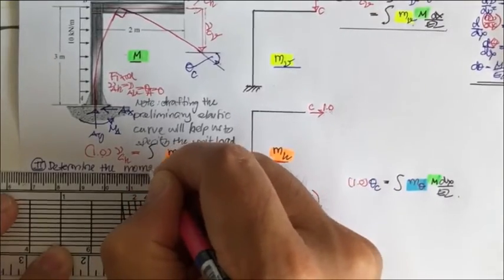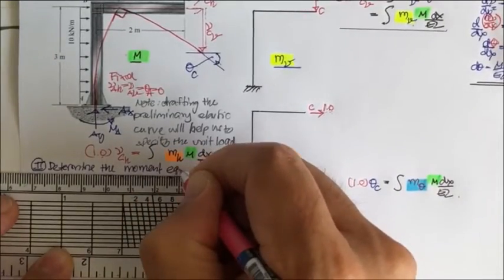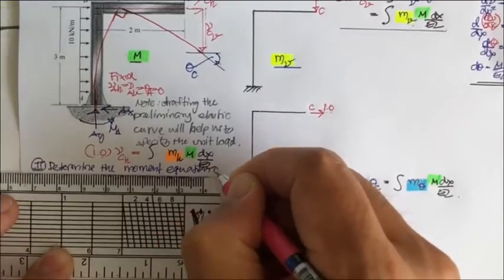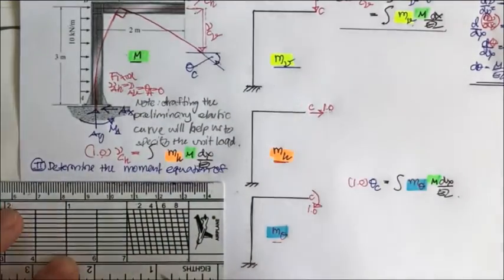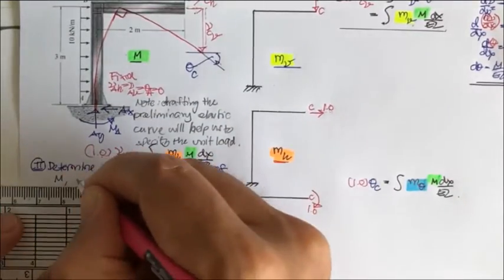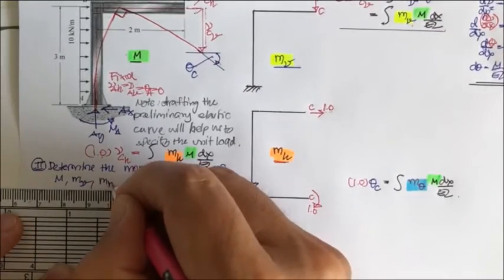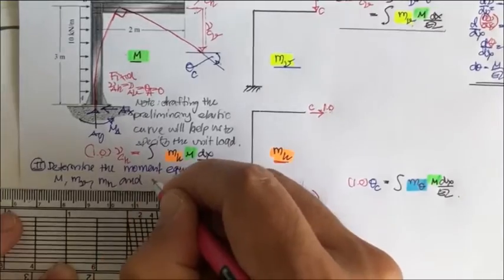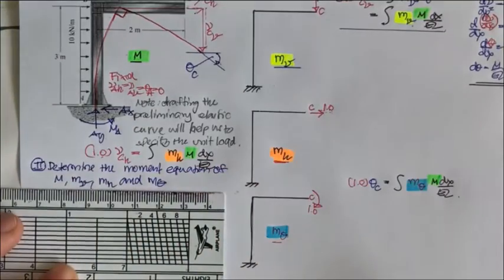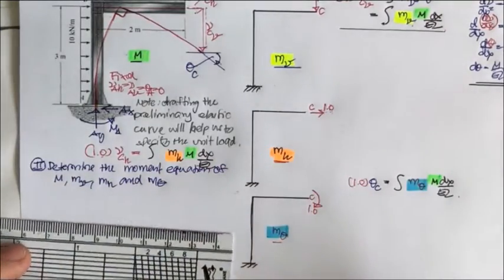So the next step, we're going to determine the moment equation of m sub v, m sub h, and m sub theta. You can go step by step, right?